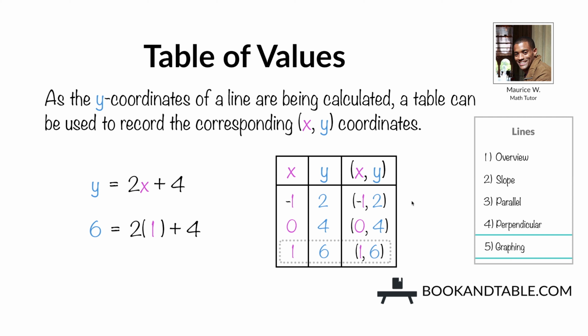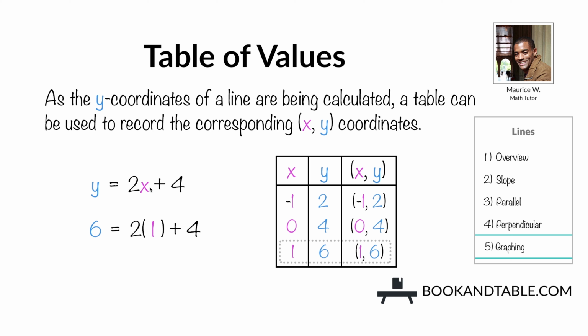Now, throughout this chapter, the x-coordinates that I'll be plugging in are -1, 0, and 1, just because it's pretty common to want to sketch the line close to where the axes intersect. So just for the sake of consistency, I'm going to use -1, 0, and 1 for our x-coordinates.